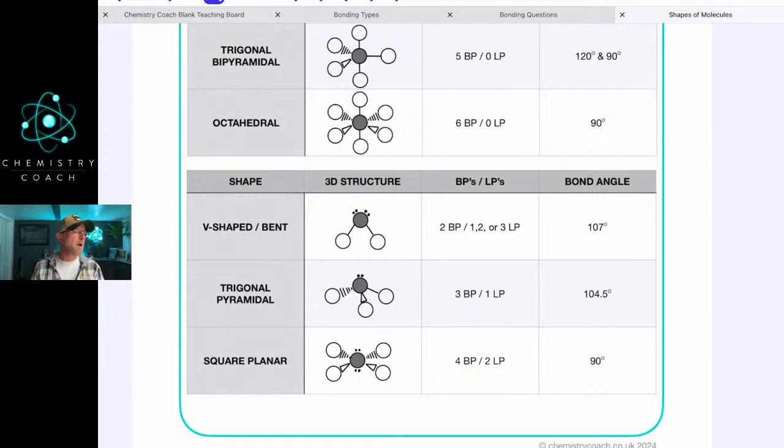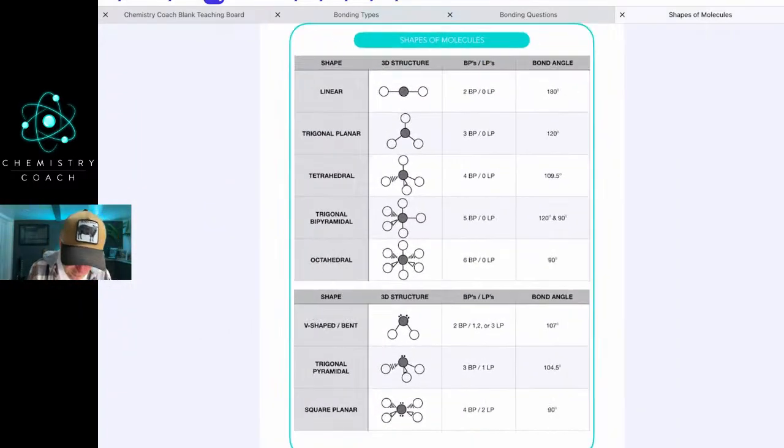Thank you, Cloudy. Permanent dipole. Unless, of course, this happens to be water. And of course, it's going to be hydrogen bonding, isn't it? You just need to spot that. But if it's not hydrogen bonding and it's got lone pairs, then it's going to be permanent dipole. Okay, permanent dipole. So those are the ones you need to learn.